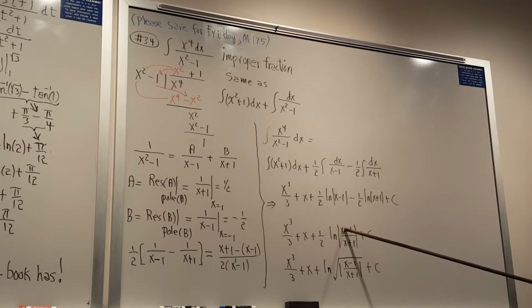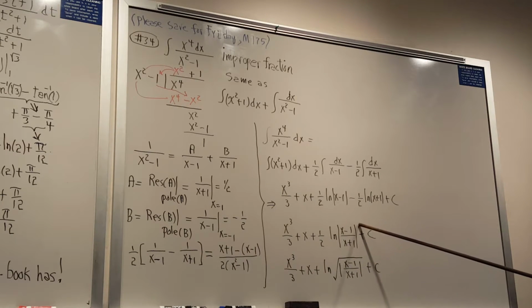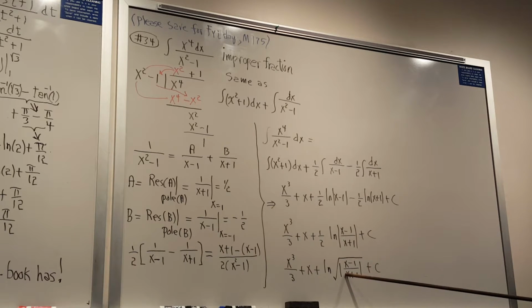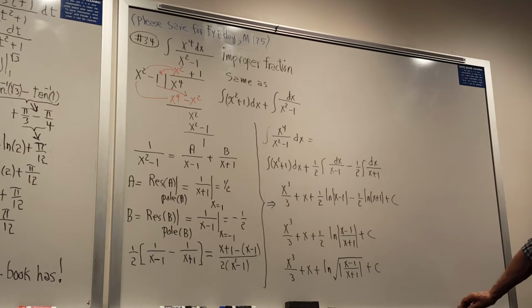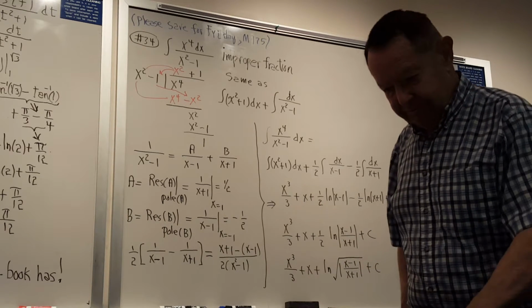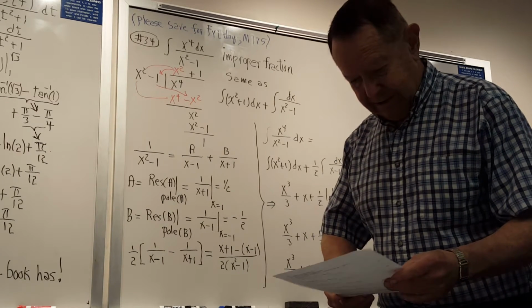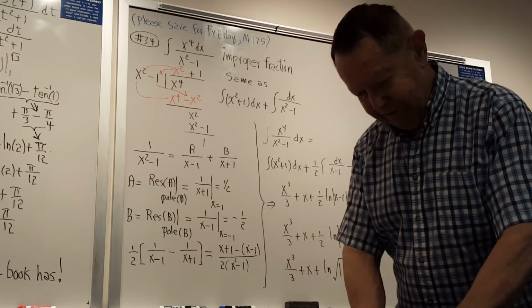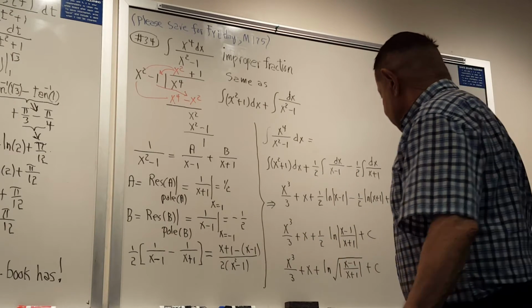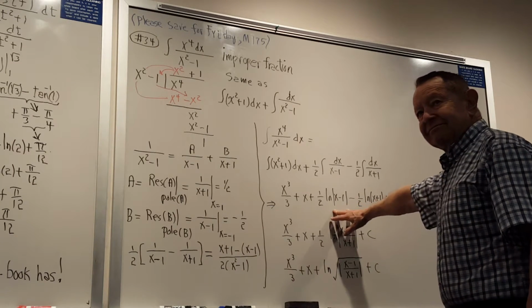You have a difference, so it's a quotient. And then if you want, you can take the half power, and so you can write it like that. So you could write your answer any of these ways. And let's see. If you look at Maple's answer, the 12, it has this, I guess.